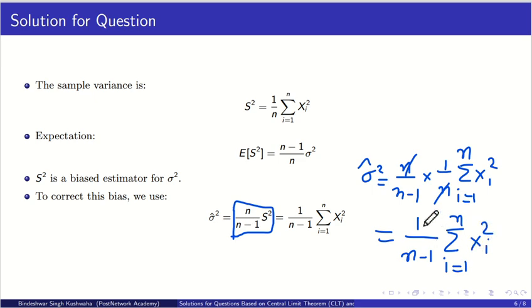So this one would be the unbiased estimator for population variance.